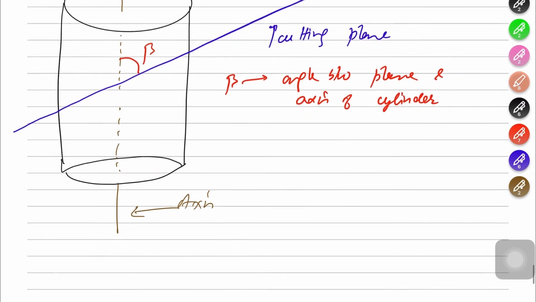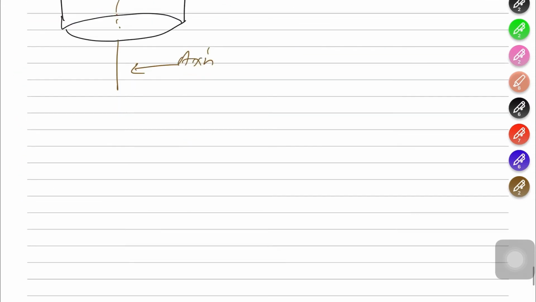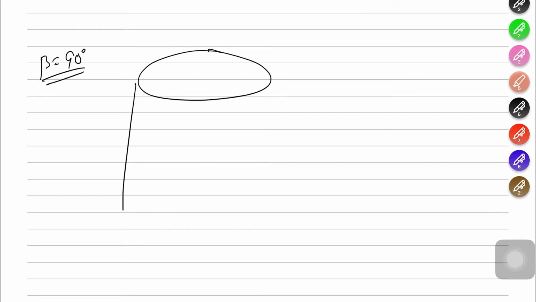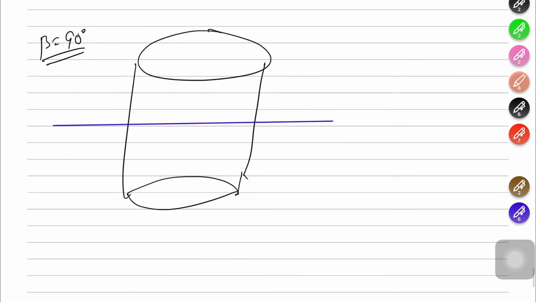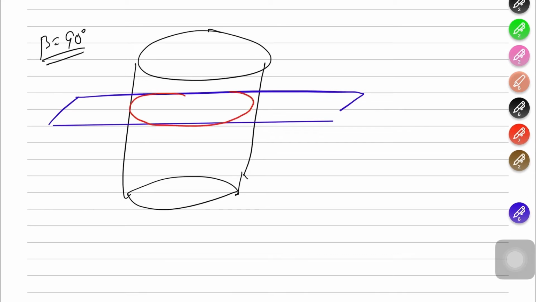Let's say beta is 90°. In this case the section is circular.